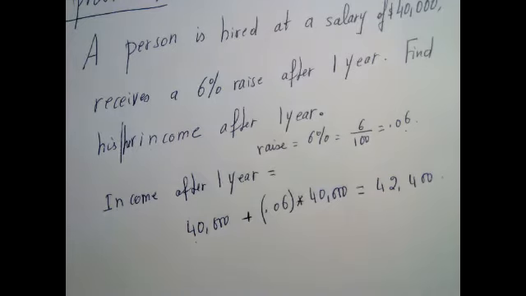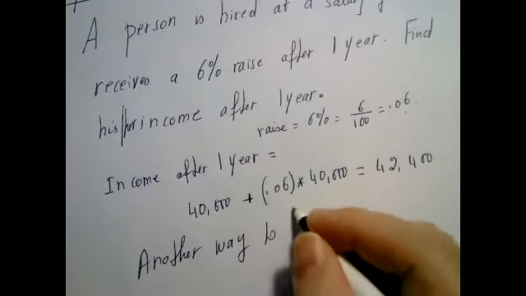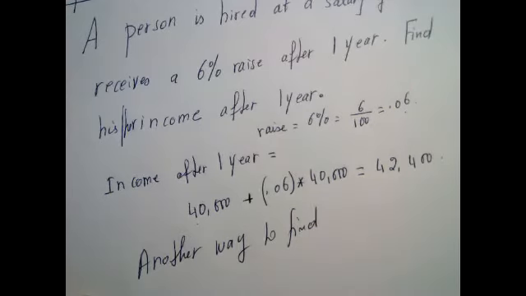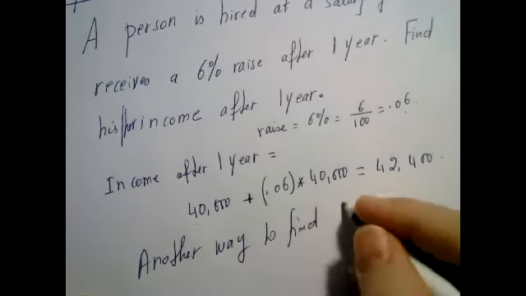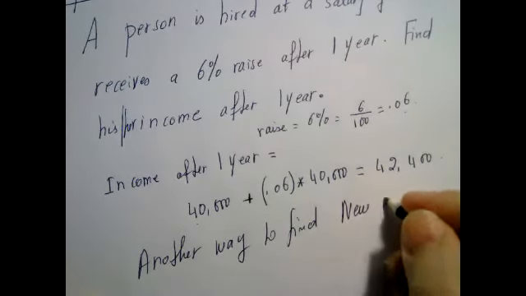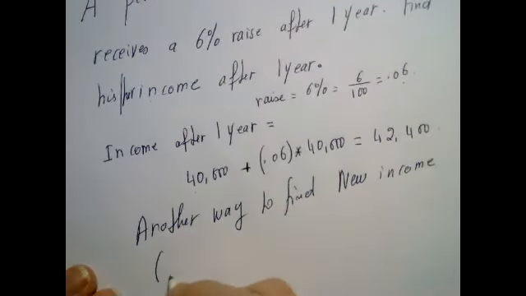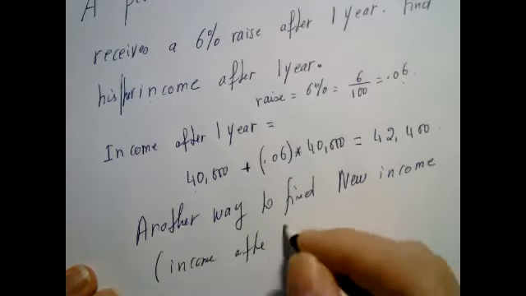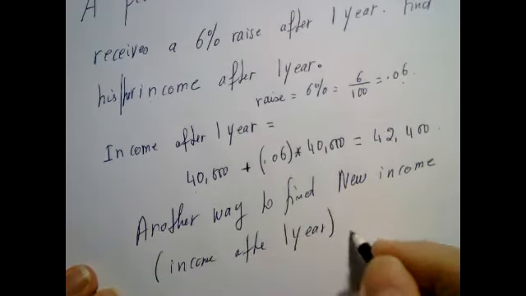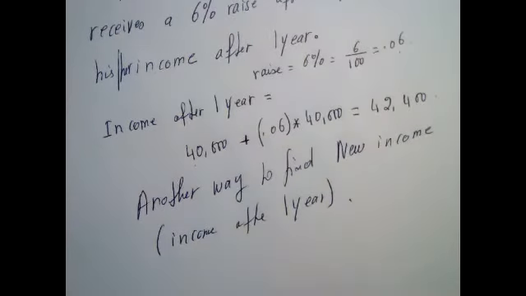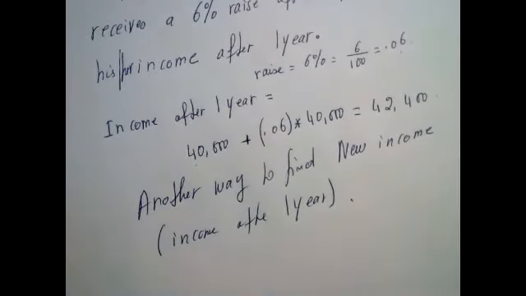Now, another way we can compute the income. Another way to find the new income. The new income means income after 1 year. Okay, let's compute the new income in a slightly different way. What's his new income?